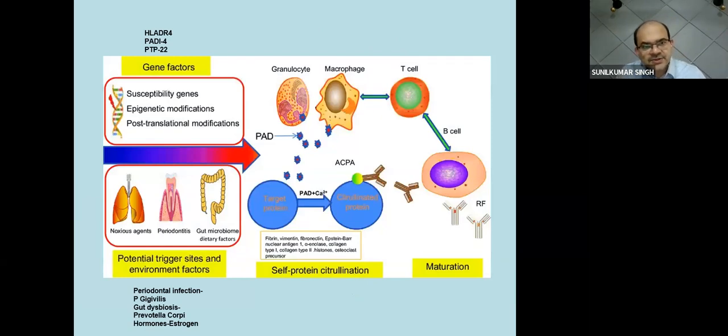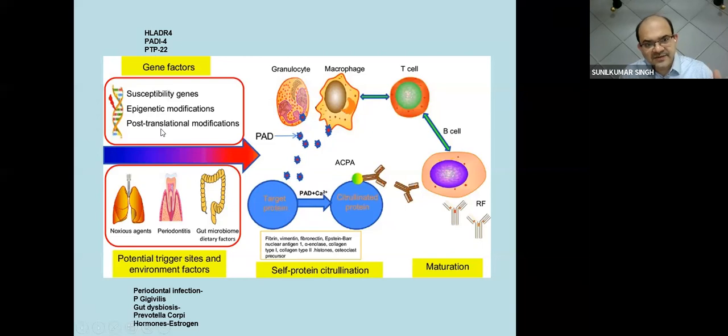So this slide shows you the gene factors. There are susceptibility genes like the HLA-DR4, which is an MHC class 2 gene. Then there are some non-MHC class 2 genes, like you can see on the top, the PTPN22, which is the protein tyrosine phosphatase.